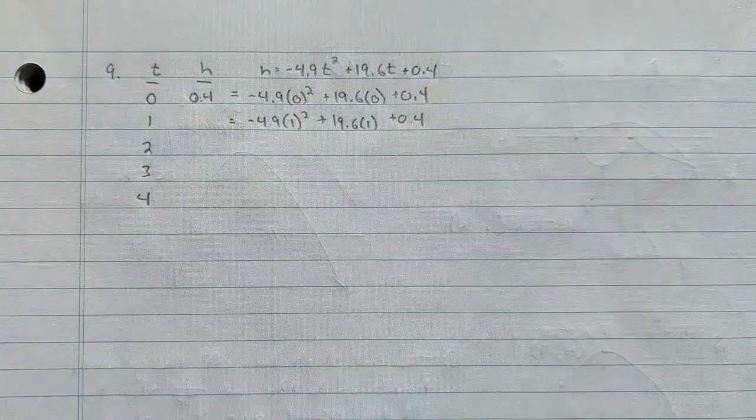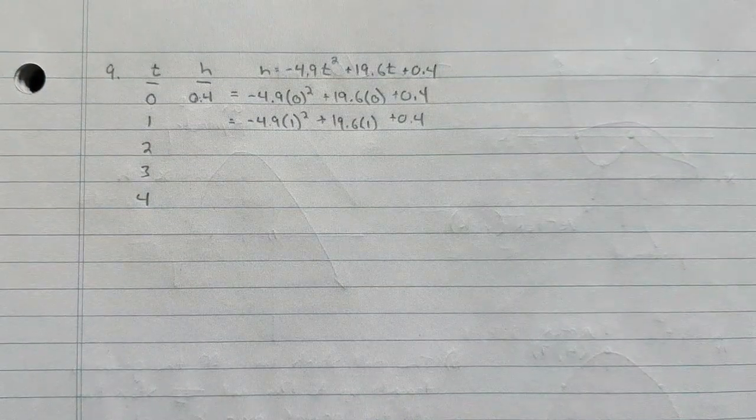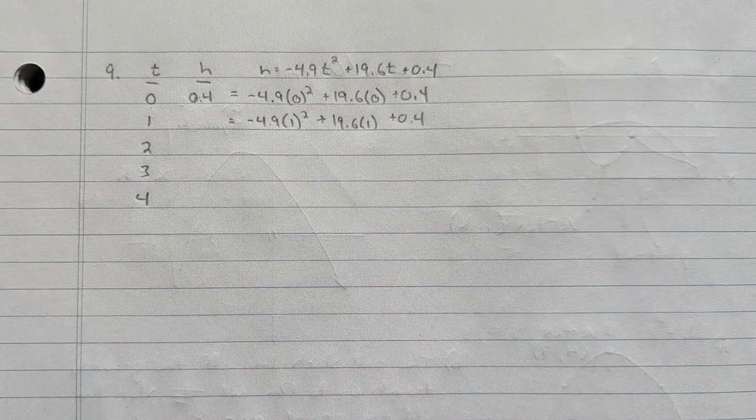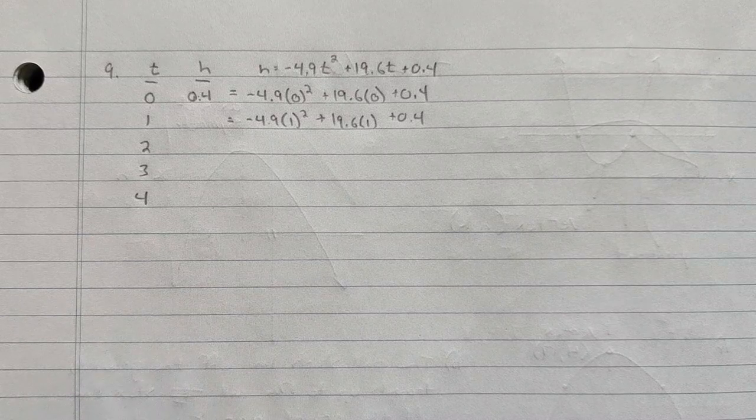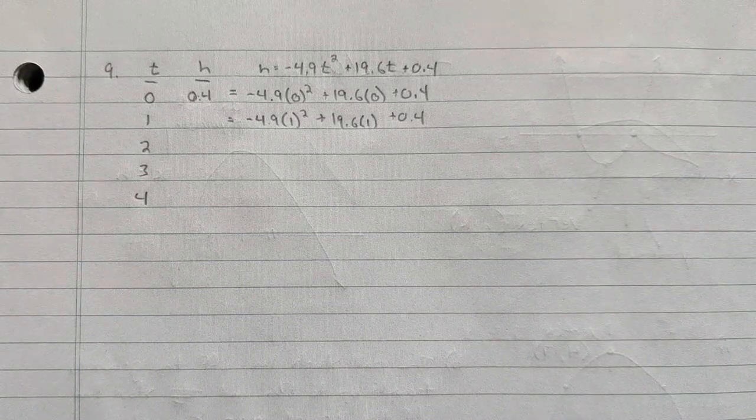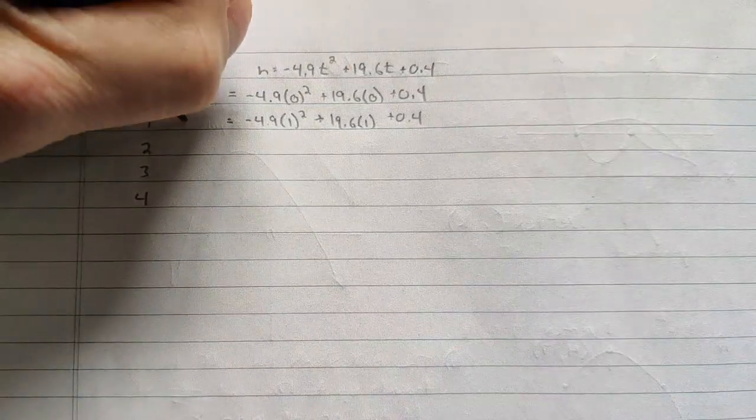And then we just go through each subsequent value, subbing in. Plug those in, and then we do a little bit of calculation. I'm getting 15.1.